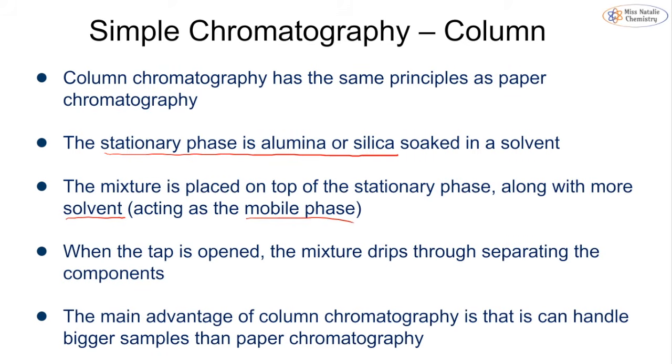And when we open the tap, because it looks like a burette, the mixture will start to travel through the stationary phase along with the solvent passing it through, being the mobile phase, and then it will start to separate the components and we will get the different parts separating out.